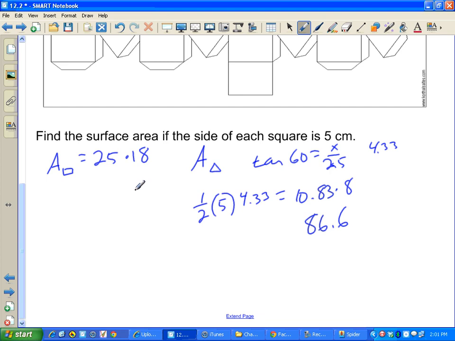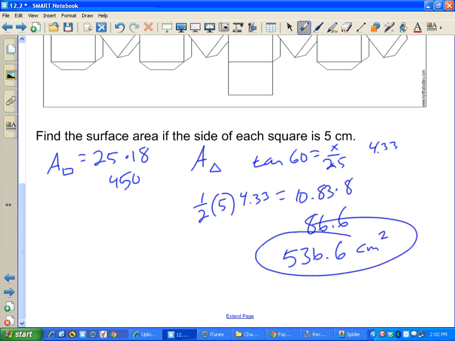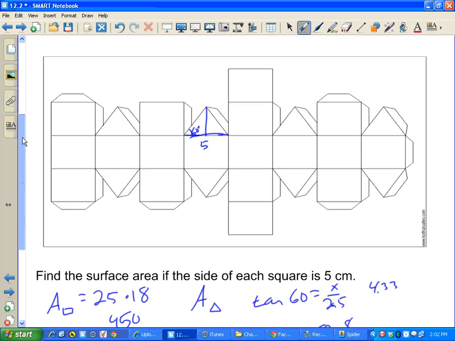Add that to my 25 times 18, which is 450. So add 450 to this. We get 536.6 square centimeters, or centimeters squared. That would be my surface area. You just find the area of each piece and add them all together.